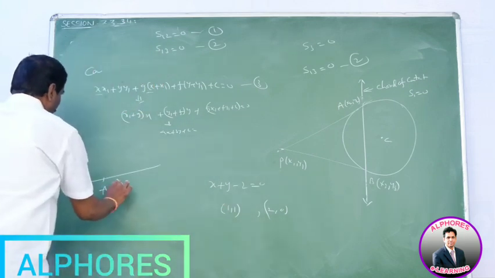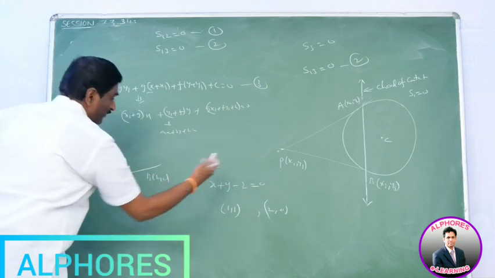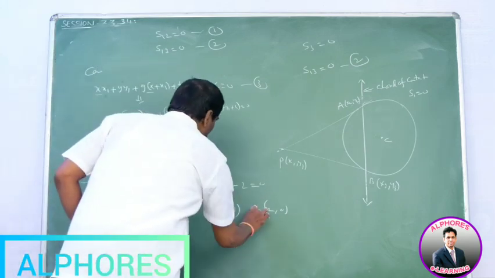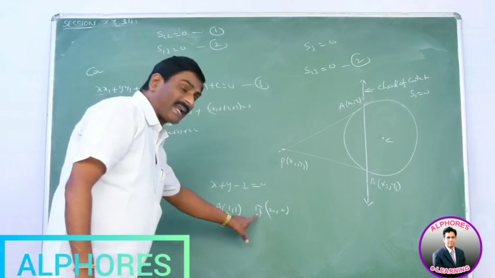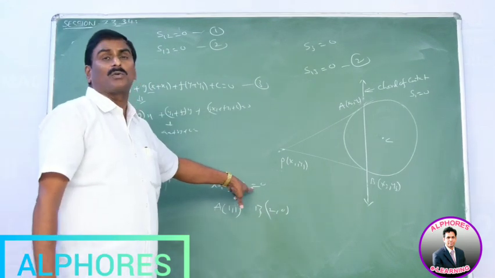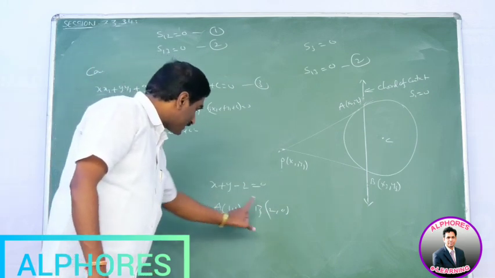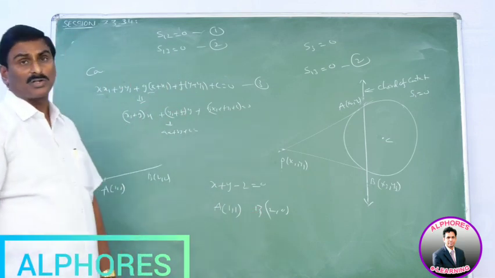Also B, (2, 0), satisfies this equation, so (2, 0) also lies on the same line. The line passing through A and B is nothing but x plus y minus 2 is equal to 0. These two points satisfy this equation, so the equation of the line AB is x plus y minus 2 is equal to 0.